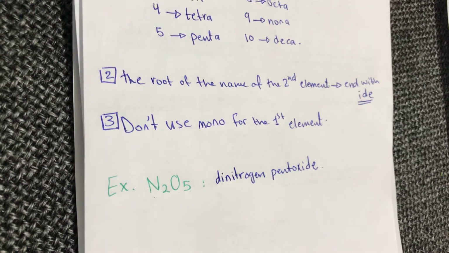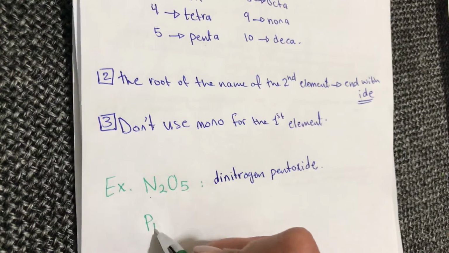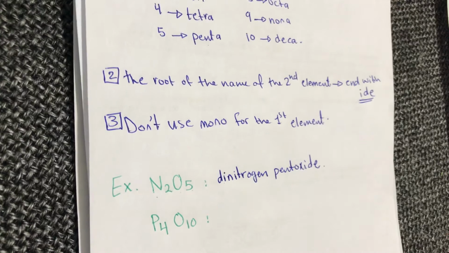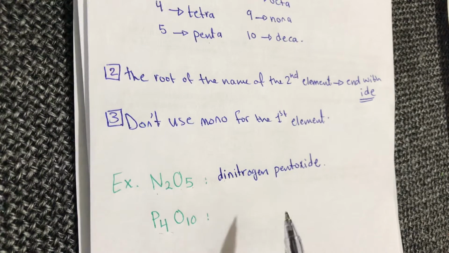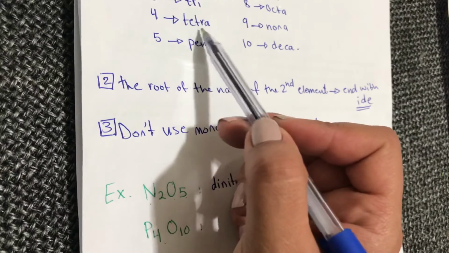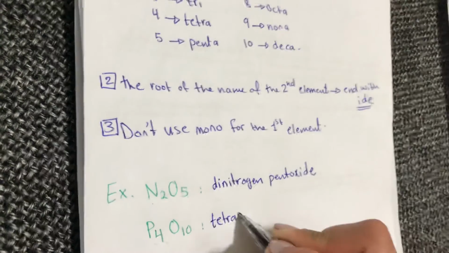Another example. P4O10. Now here, phosphorus, you have 4 atoms of phosphorus. So which prefix indicates 4? Tetra. So you have to start the name with tetra-phosphorus.